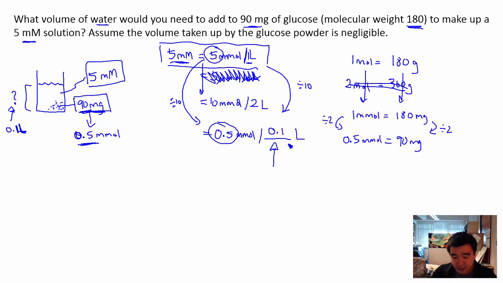So if we have 0.1 liters of water, and in this 0.1 liters of water there are floating around 0.5 millimoles, this is equivalent to saying the concentration of glucose is 5 millimolar. So this is the volume of water you need to add, assuming that the volume taken up by the glucose powder is indeed negligible.